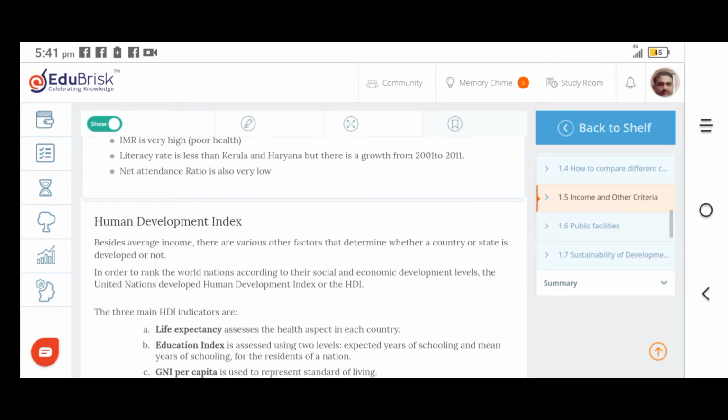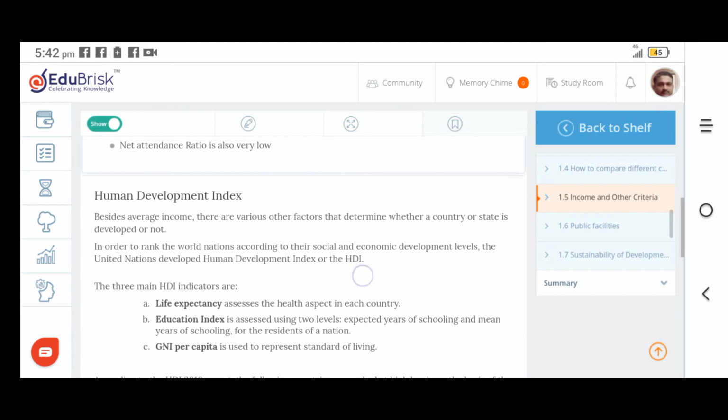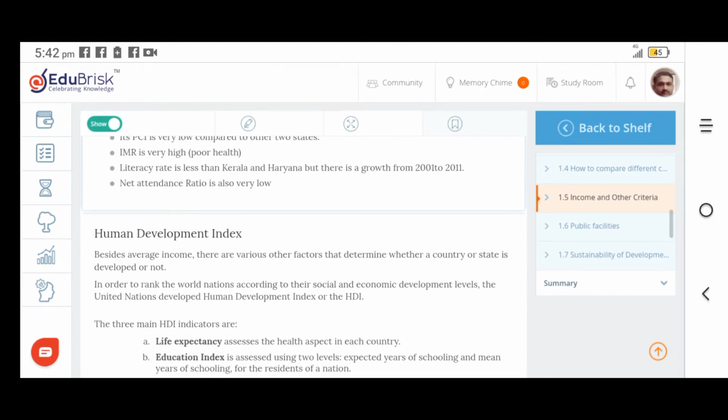Next, we want to know about the Human Development Index. What is the Human Development Index? Besides average income, there are various other factors that determine whether a country or a state is developed or not.